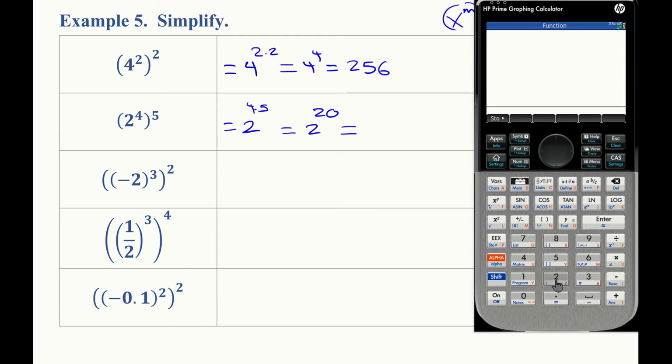So here we're going to start with 2, and we're going to raise it to the power of 20. And you notice it's quite a large number, 1,048,576.